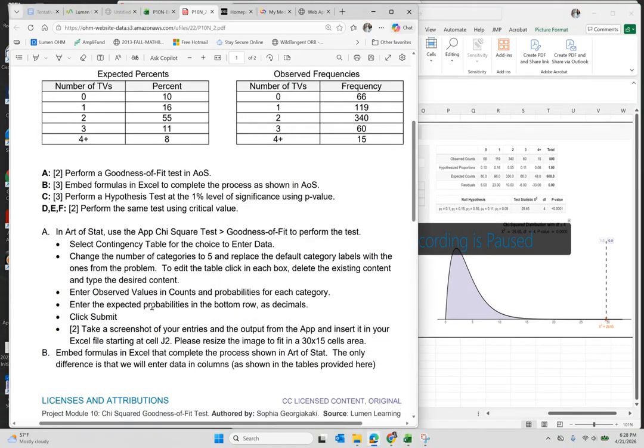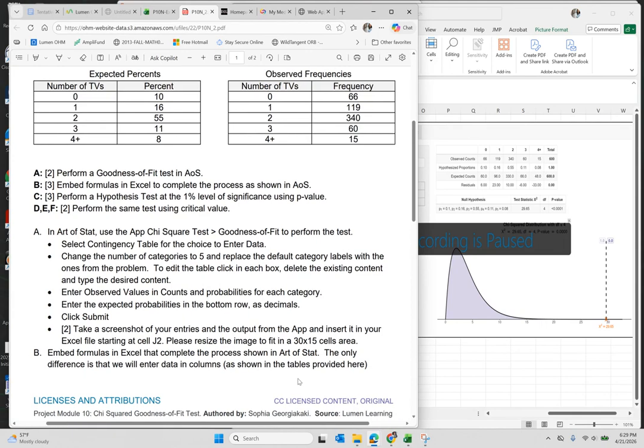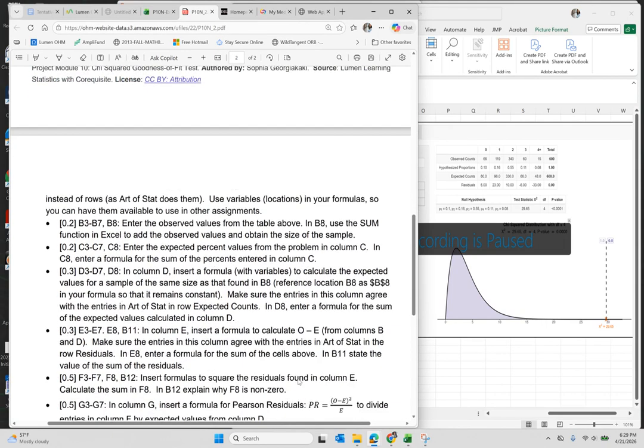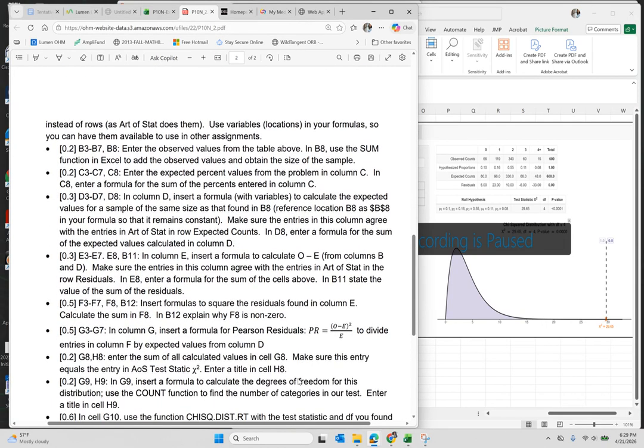And the continuation of this project says that we want to embed formulas in Excel that complete the process shown in ArtofStat. The only difference is that we will enter data in columns instead of rows. So we want to use variable locations in our formulas instead of actual numbers.